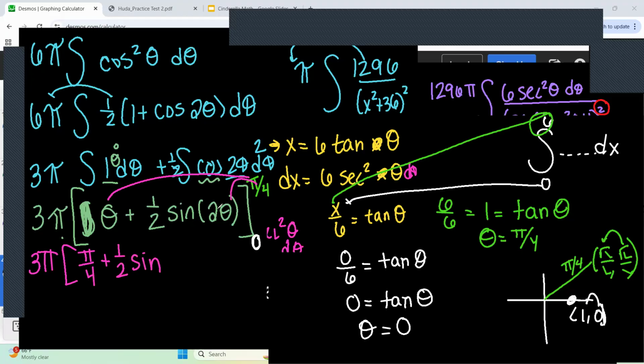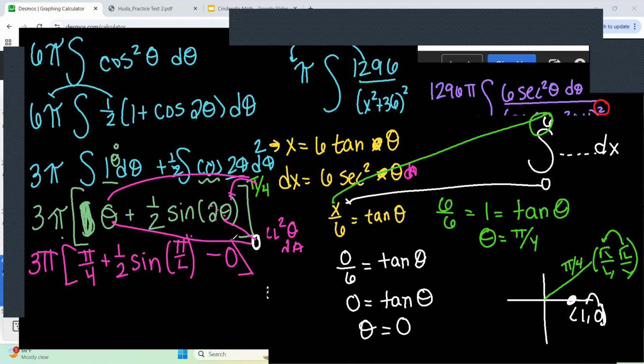This is twice pi over 4, right? So it'd be 2 pi over 4. 2 pi over 4 reduces to pi over 2. Okay, and then you would minus plug in 0, and sine of 2 times 0, so that would be 2 times 0, which is 0. Sine of 0 is 0, so this whole second one is gone.